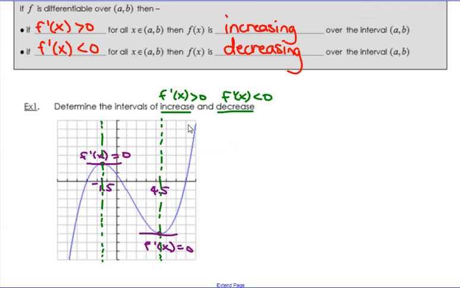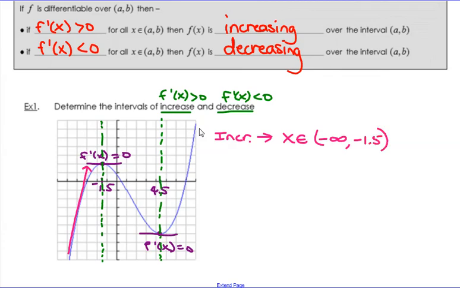Okay, so let's talk about increases first. Where does the graph have a positive slope? All along here, you're going to have positive slopes of varying degrees, but all of them are going to be positive. And so you're going to be increasing when x is anything from negative infinity all the way to negative 1.5, but not including negative 1.5.